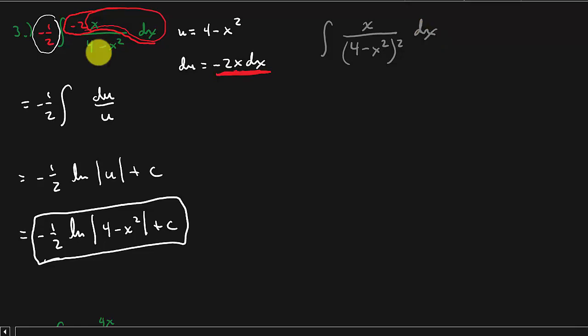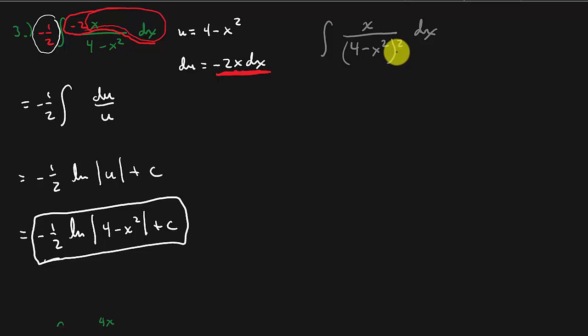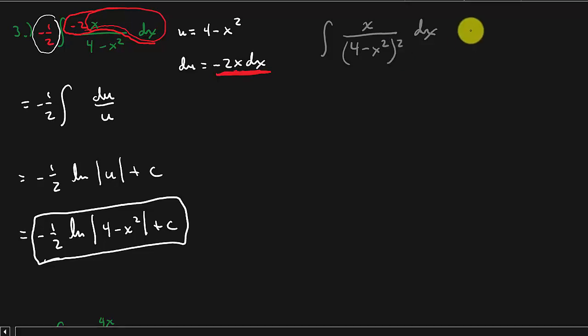So it's similar to problem 3, but we've got this in parentheses squared, right? All right. So what are we going to let u equal? All right, so in past videos, past lectures, we would let u equal what's inside the parentheses, right? So we would say u is equal to 4 minus x squared, so du is equal to negative 2x dx.